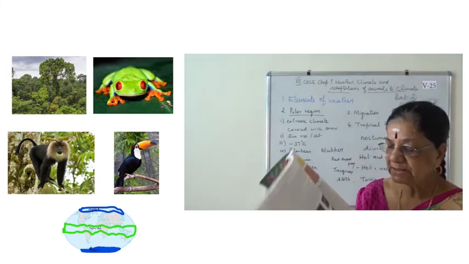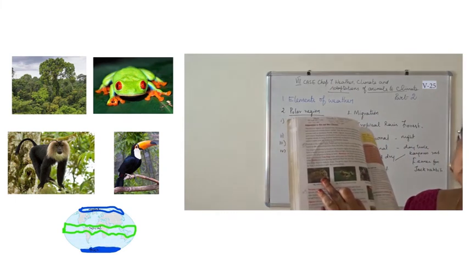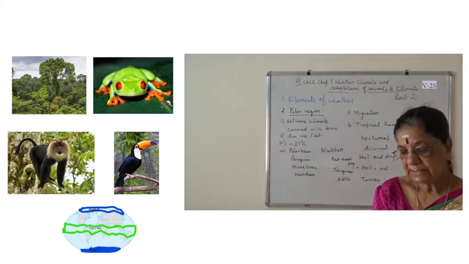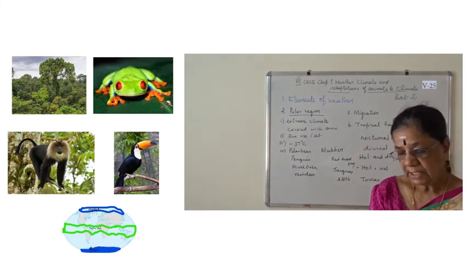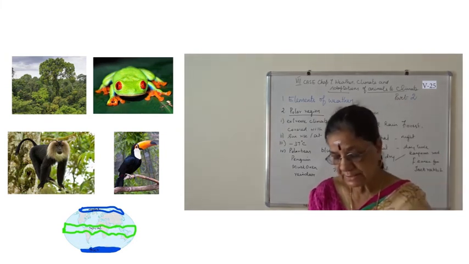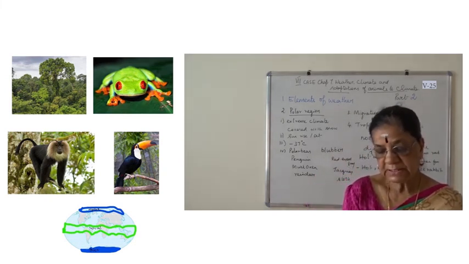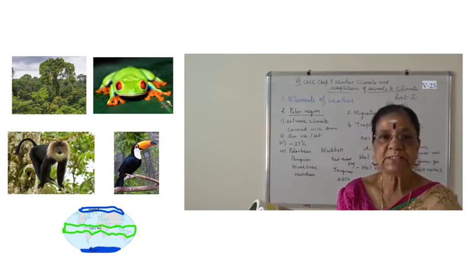Then the jaguar, first one. It is a leopard-like animal that can climb trees. The pattern of spots on its body helps it to hide in the shadows and hunt other animals without being seen. Then stick insects and leaf insects are so well camouflaged.